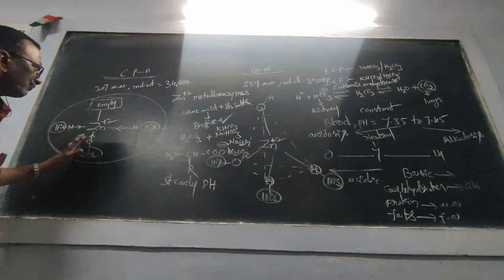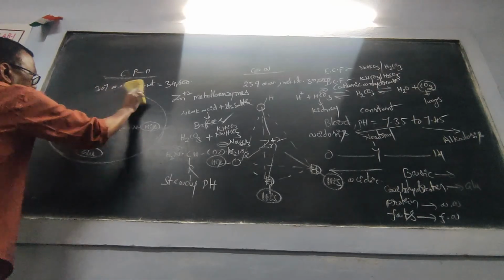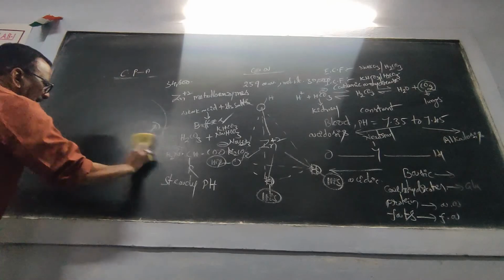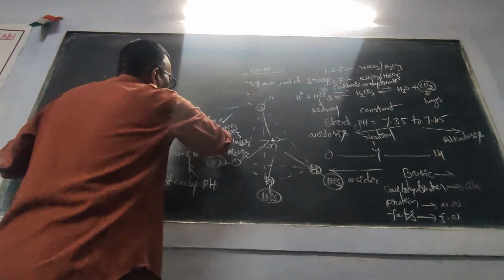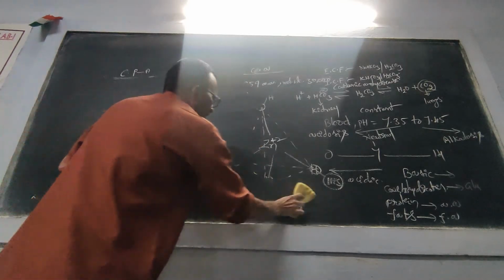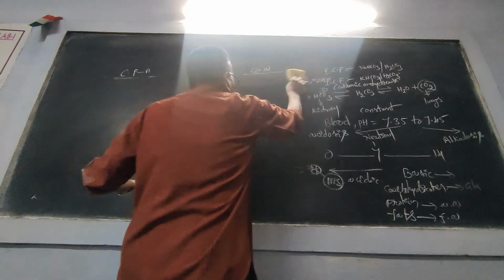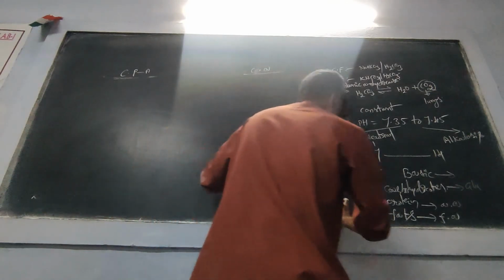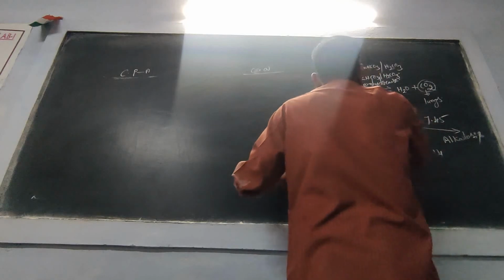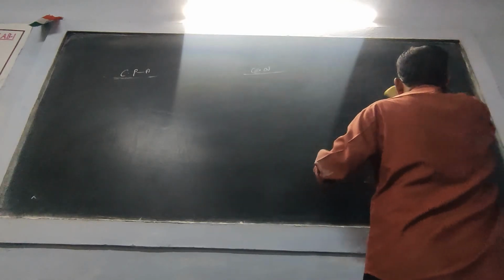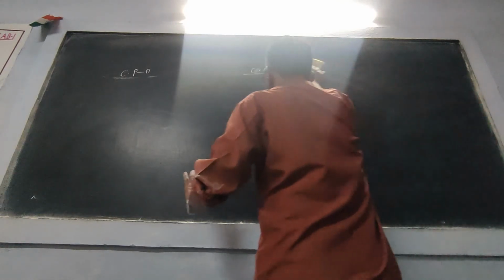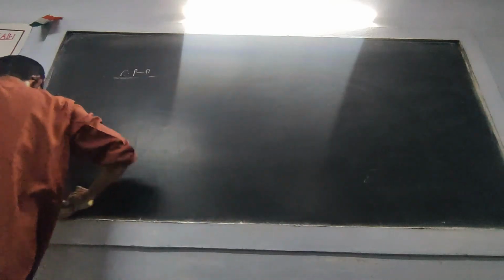Its important structure is this one. That is enough for this one. Now, its function is that it is used for hydrolysis of protein. How is protein formed? It is the combination of amino acids.